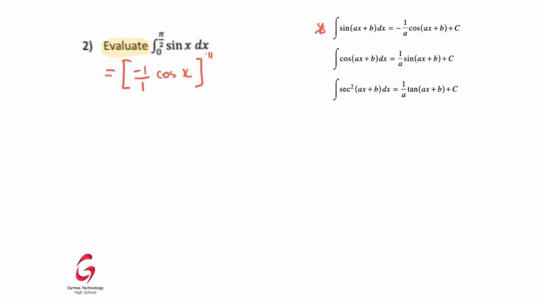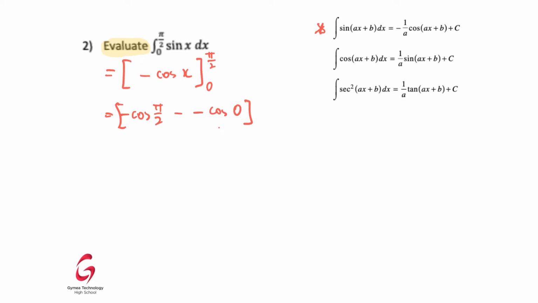And we evaluate it between pi on 2 and 0. I'm just going to tidy this top part up a bit because that's really just equal to minus 1. So substituting, we get minus cos pi on 2 minus cos 0.